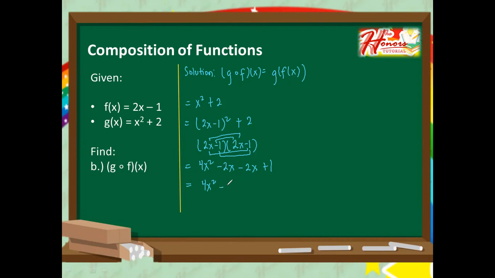Negative 2 plus negative 2 is negative 4. Copy x and then plus 1. And that's it. This is the value of the quantity of 2x minus 1 squared. And then, let's continue our solution here.